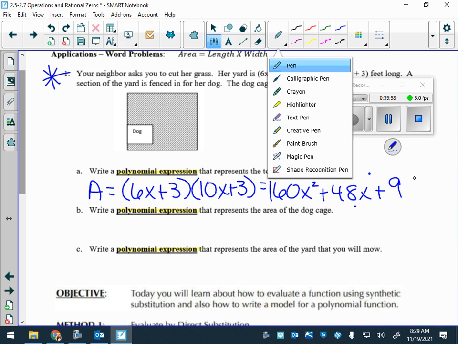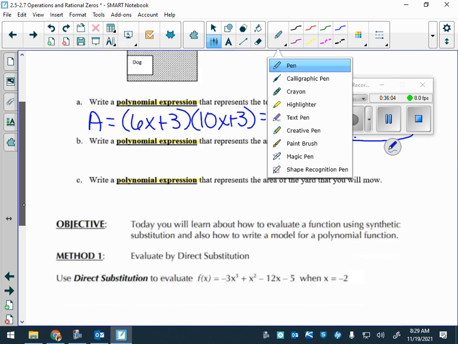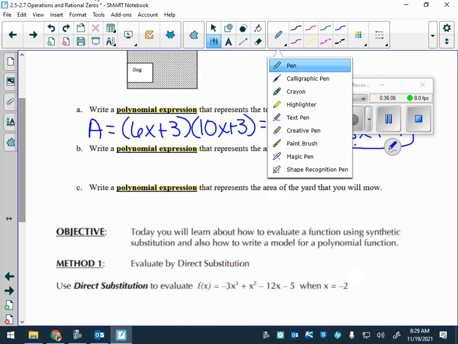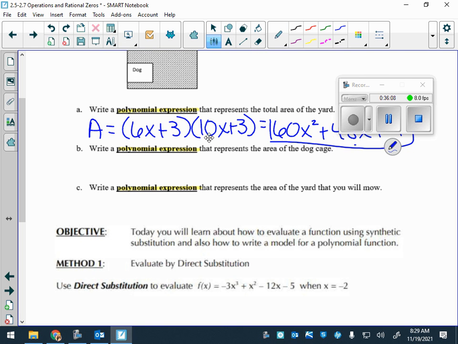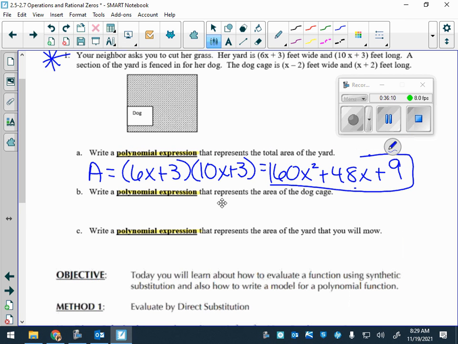This is your polynomial expression for the area of the yard. Now we want to see what is the polynomial expression that represents the area of the dog cage. So what two pieces am I doing here?